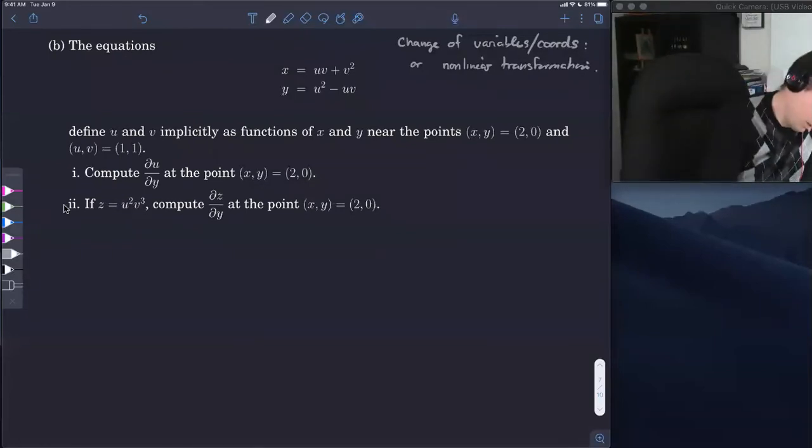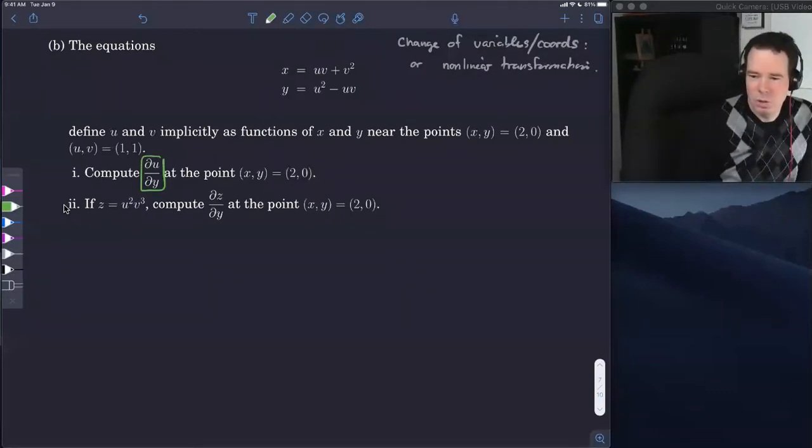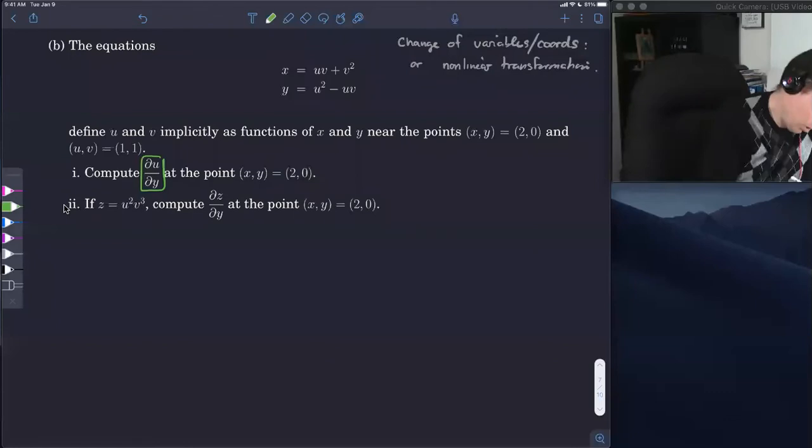So how do we do this? This is the object we want to find, du dy. So now I have to think, how can I get that? Well, I really want to take derivatives with respect to y. There are only two equations that I have. I have an x equals uv plus v squared equation.